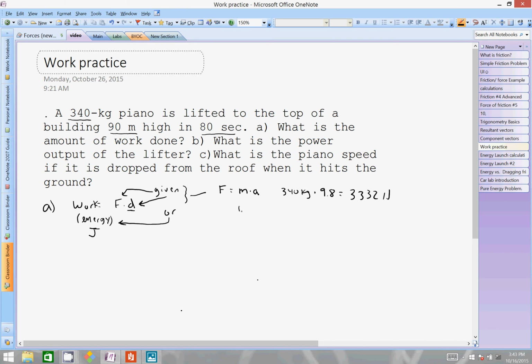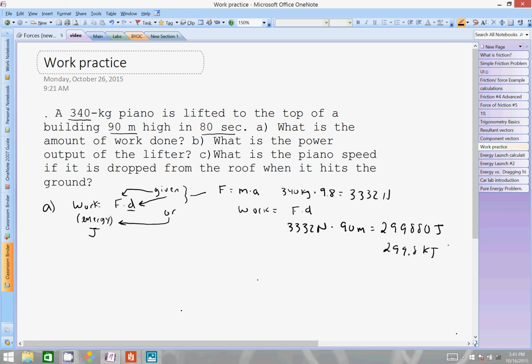Now the work, which equals force times distance, is 3,332 newtons times a distance of 90 meters, which equals 299,880 joules of energy, or 299.8 kilojoules if they asked for it in kilojoules.